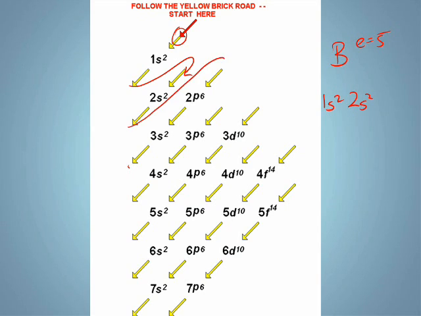And so we need one more. We go here, and that's 2p1. So that's 5 electrons. So that's boron. It's 1s2, 2s2, 2p1. So it has 3 electrons in the second energy level, 2 in the s orbital, and 1 in the p orbital.